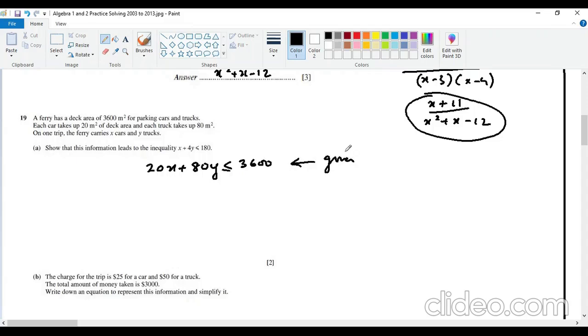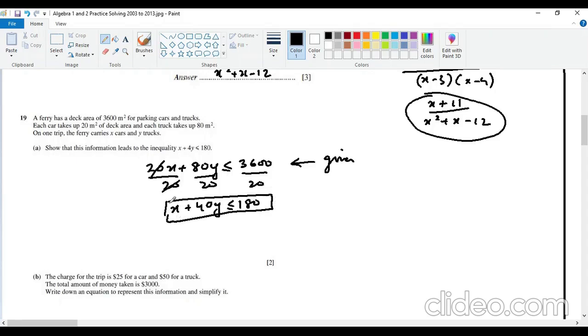Now we know very well that all the numbers can be divided by 20. So we divide the whole thing by 20, and in the answer this 20 will be cancelled with this. So x plus 4y less than or equal to 180, which is the given question.